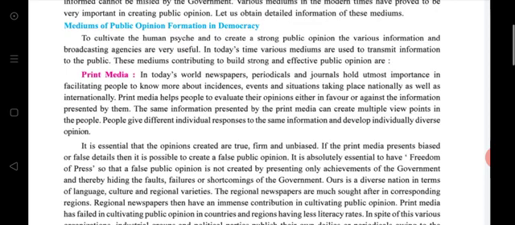In today's world, newspapers, periodicals and journals hold utmost importance in facilitating people to know more about incidents, events and situations taking place nationally as well as internationally. We all get some news day by day, right?